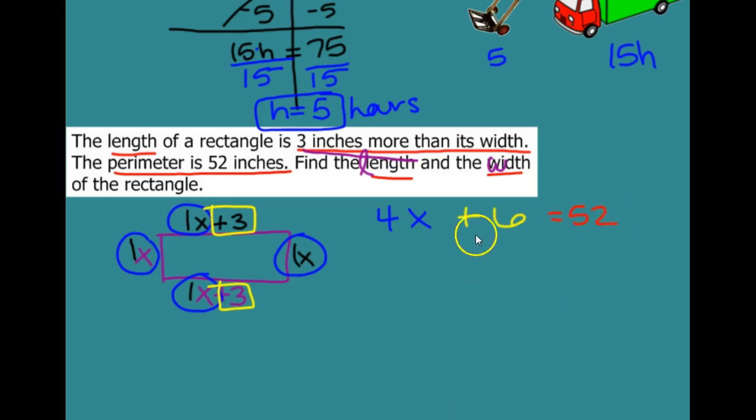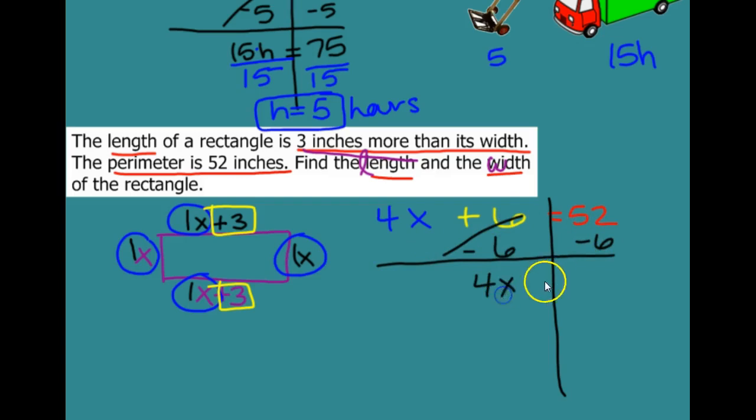So if we go to solve this now, solving for x, we're going to get rid of that plus 6, so subtract 6. 4x equals, we're subtracting 6, 46. And then last, divide by 4. This isn't going to give us a nice number.